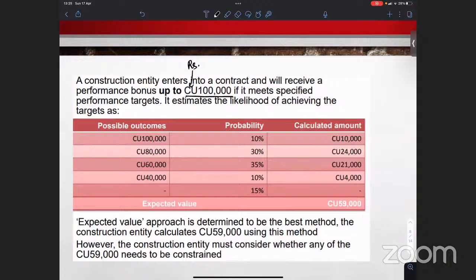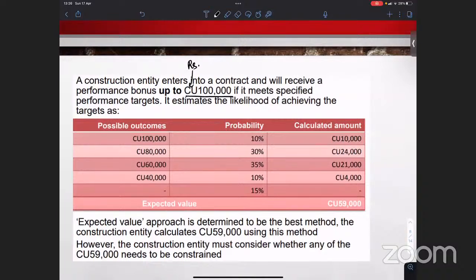If it meets specified performance targets, it estimates the likelihood of achieving the targets as follows. There is a 10% probability of a bonus of 100,000 rupees, 30% probability of up to 80,000 rupees, 35% probability of up to 60,000 rupees, and 10% probability of up to 40,000 rupees.